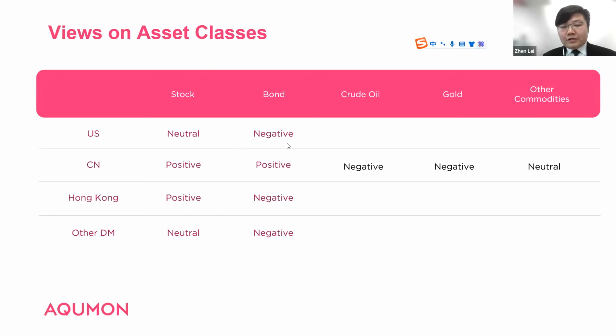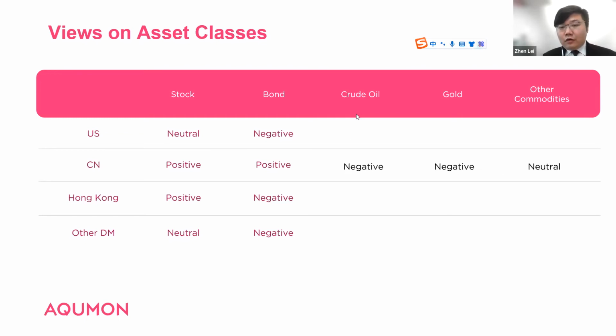For the bond market, most of the developed markets share the same monetary policy, and their interest rates will go up in 2022, so we hold a negative view. But for China, as we mentioned, China is adopting an expansionary monetary policy, so the bond market for China can be quite good in 2022.